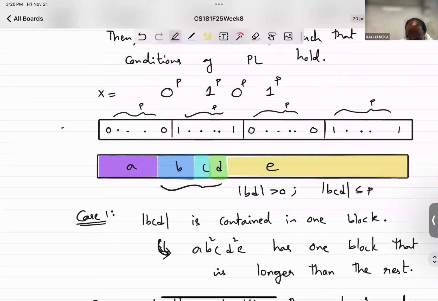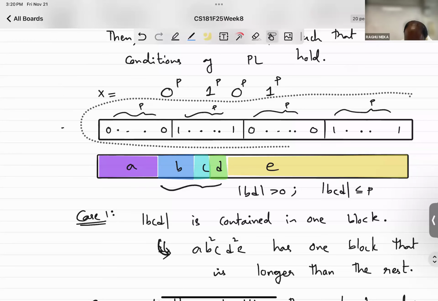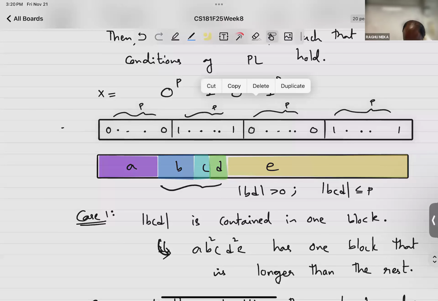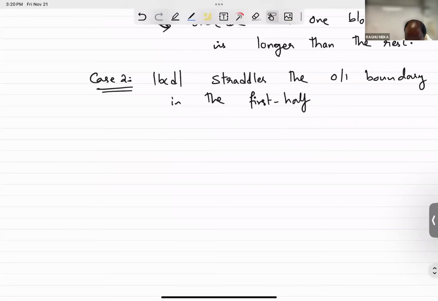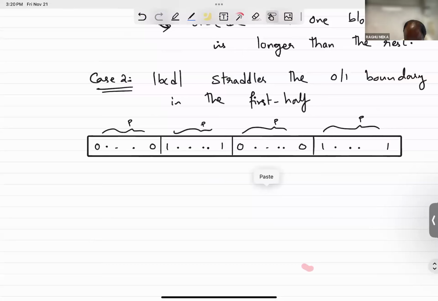To be fully rigorous, you just have to work through all possible scenarios. Usually there are not that many, or at least stylistically, there are not that many. For example, let's say this is where my BCD is.